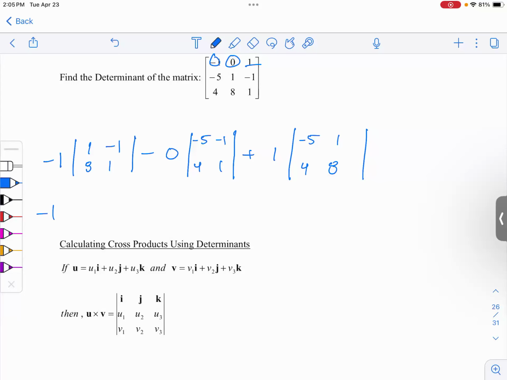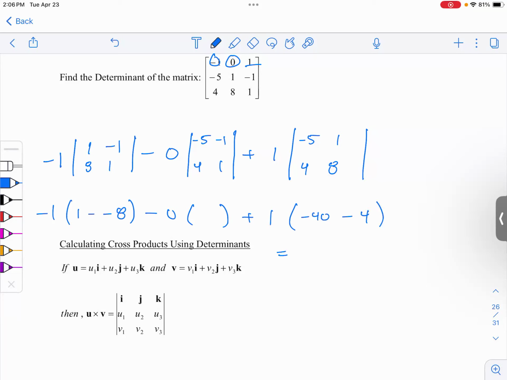And then you simplify this down. So then it's 1 times 1, which is 1, minus 8 times -1, which is -8, minus 0, and it doesn't matter what's in here, plus 1 times -5 times 8, which is -40, and minus 4.